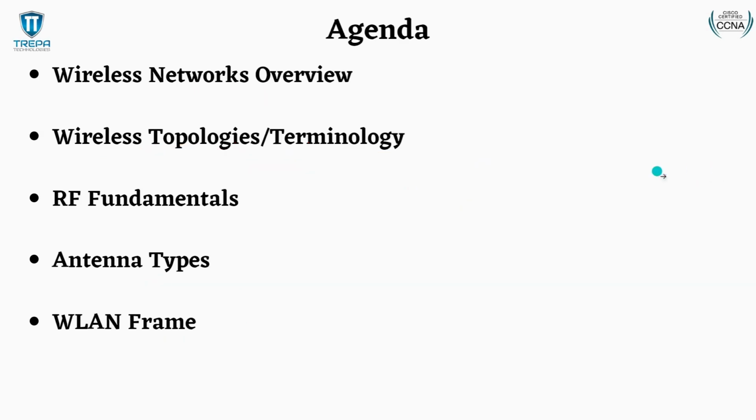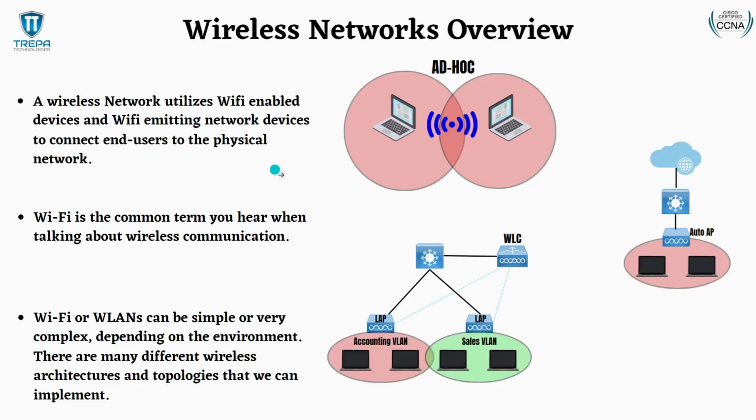So first thing we're going to go over again is the wireless network overview. A wireless network is Wi-Fi enabled devices and Wi-Fi emitting network devices that connect end users to the physical network. So that's a mouthful, right? A basic summary of a wireless network: we have endpoints like this computer here that has a Wi-Fi NIC card.